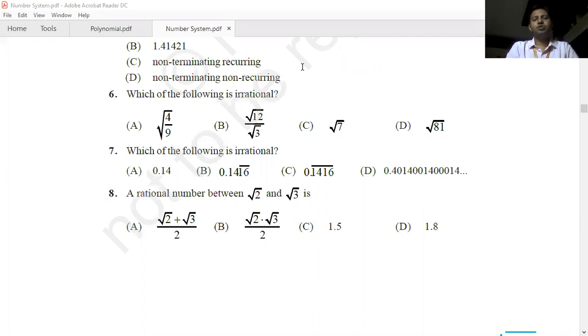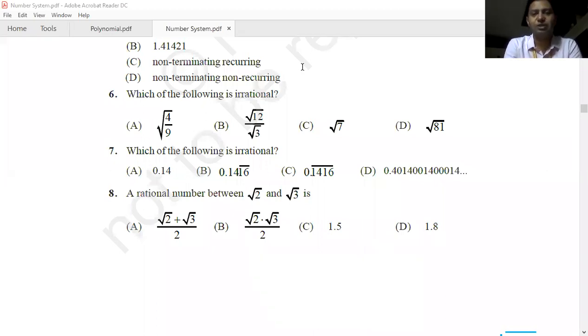Now, which of the following is irrational? Again, the question asked is root 0.14. 0.14 is a terminating decimal, so this is rational. 0.1416 with a bar: a number in the form of a bar is always a rational number. So B and C are rational, and we are left with D, which is the irrational number.